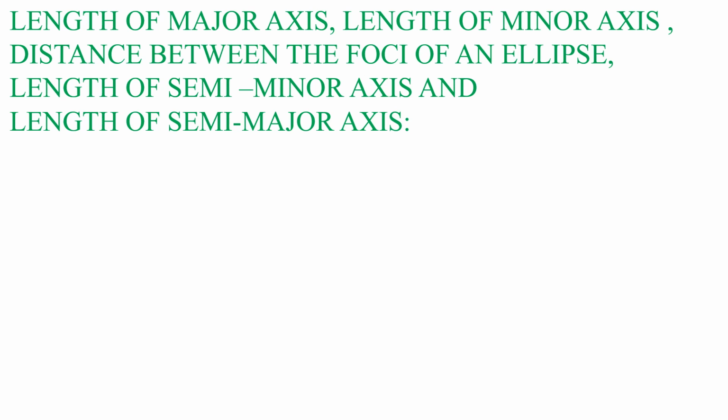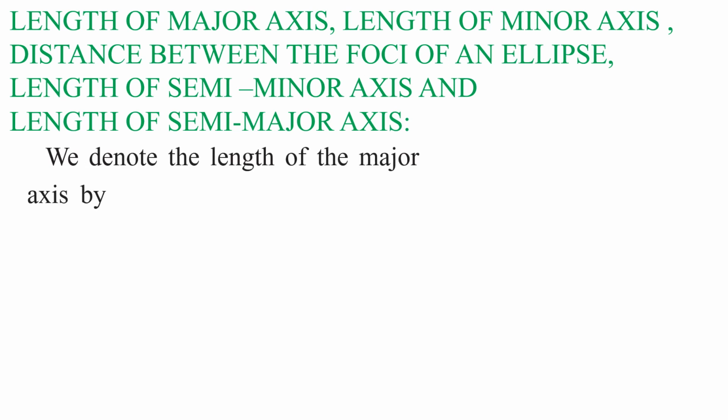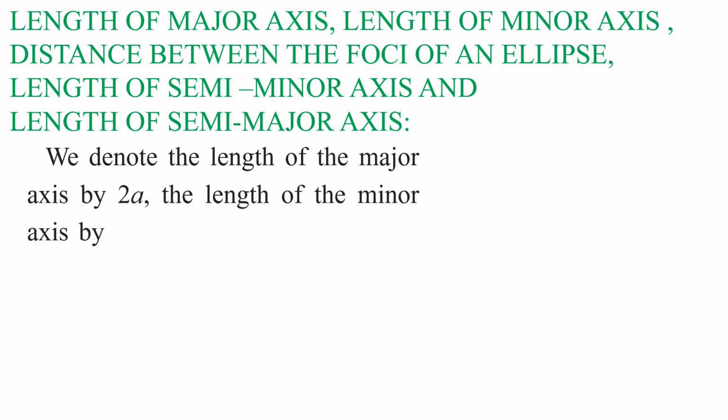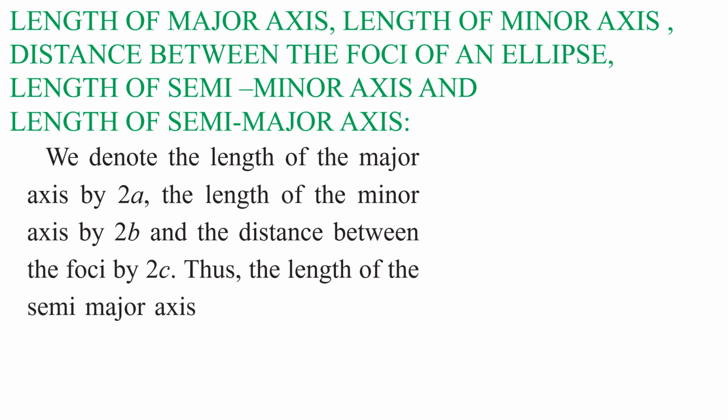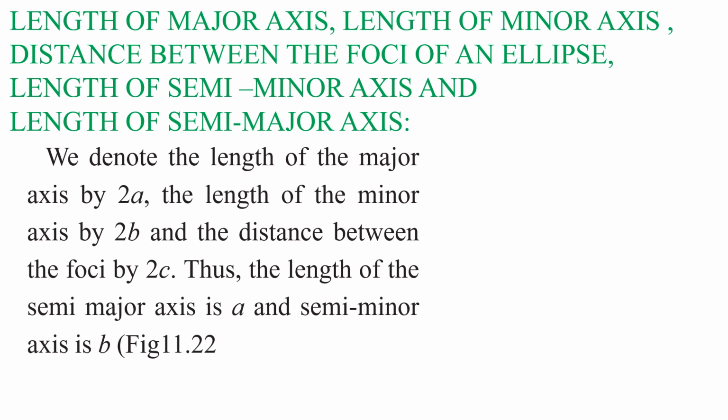We denote the length of the major axis by 2a, the length of the minor axis by 2b, and the distance between the foci by 2c. Thus, the length of the semi-major axis is a and the semi-minor axis is b. Understood these points, my children?